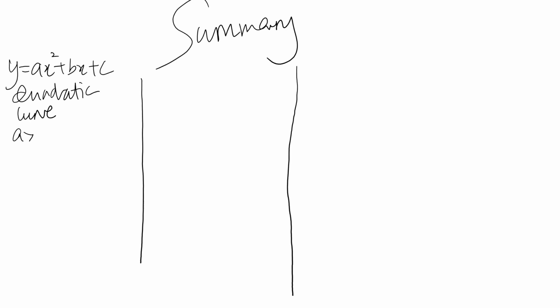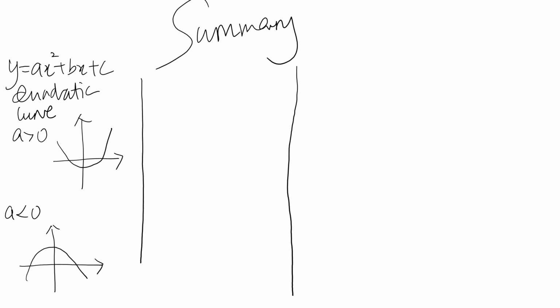If your a is more than 0, this is how it looks. If a is less than 0, this is how it looks. And then we have learned cubic. Cubic is y equals ax cubed plus bx squared plus cx plus d. This is a cubic curve.